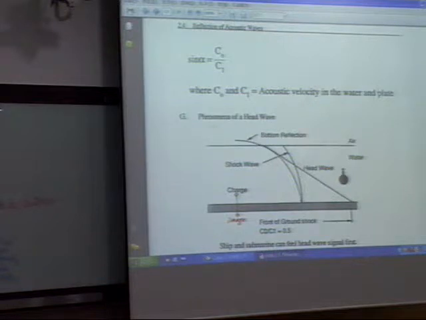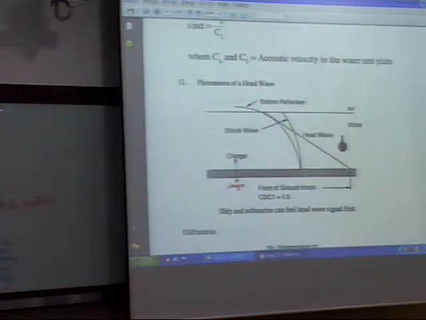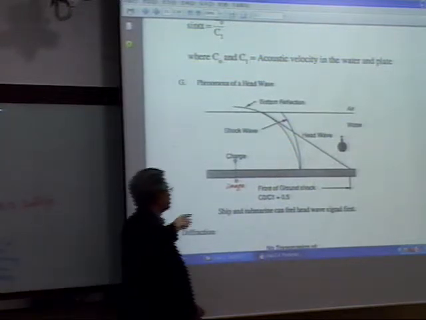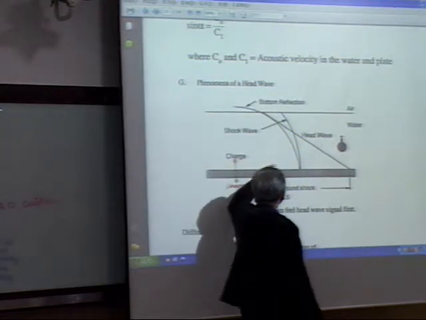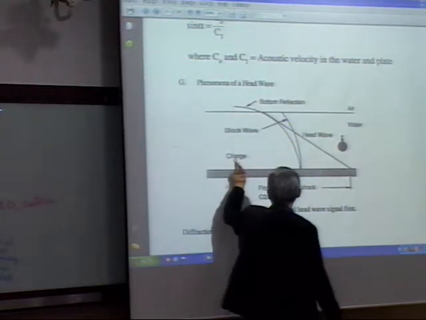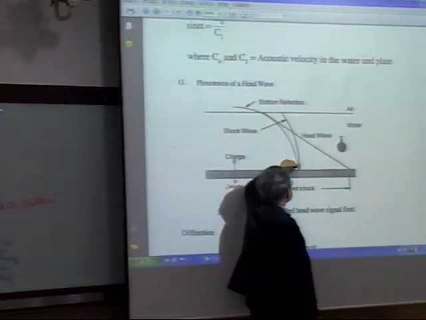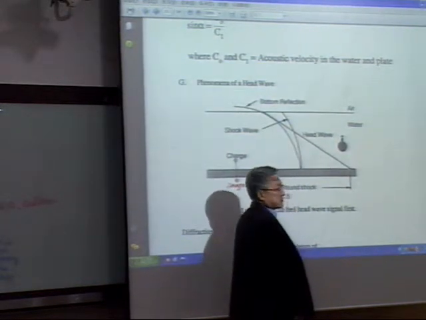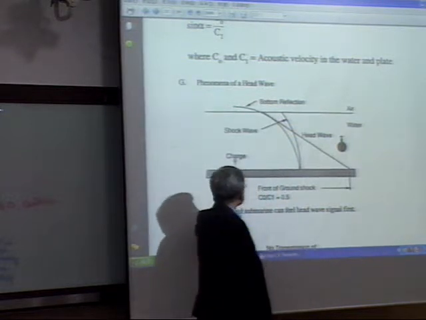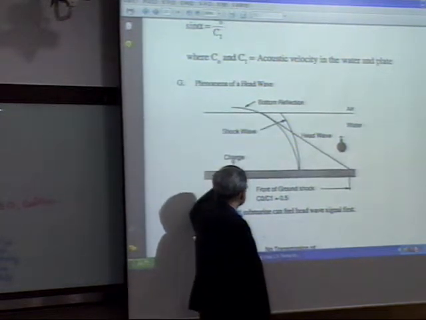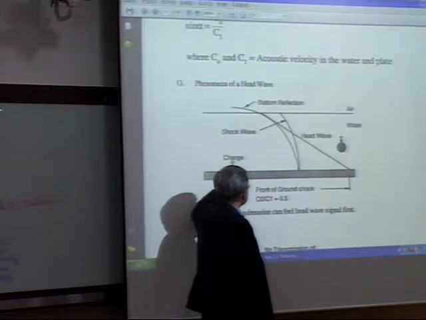Over here, it's all similar, talking about the head wave. So this is a charge, and shock wave. If you draw the radius, it is all the same radius. So this is the incident shock wave front, and this is an image charge from right there. Okay.